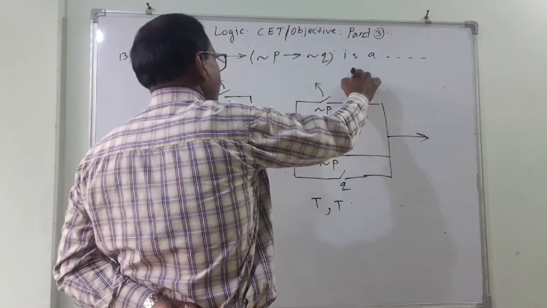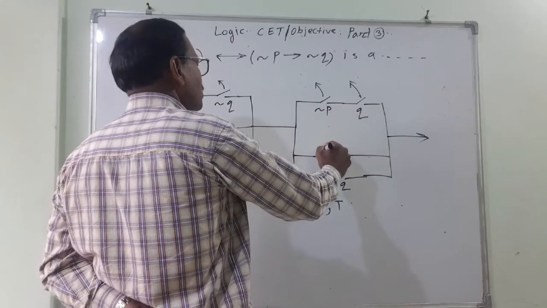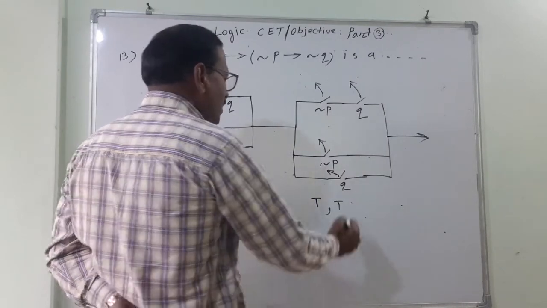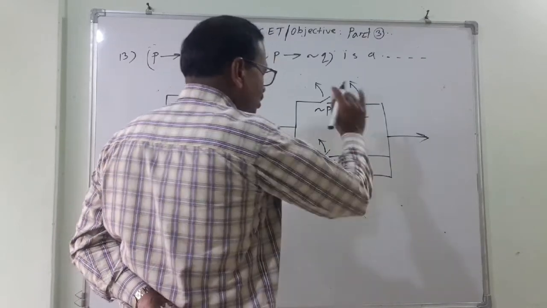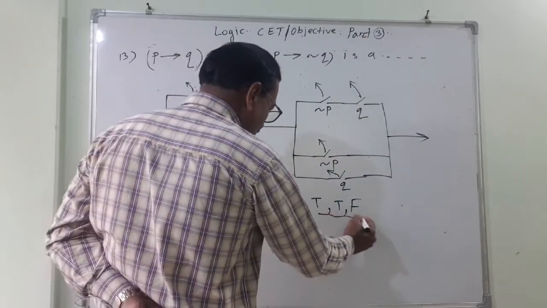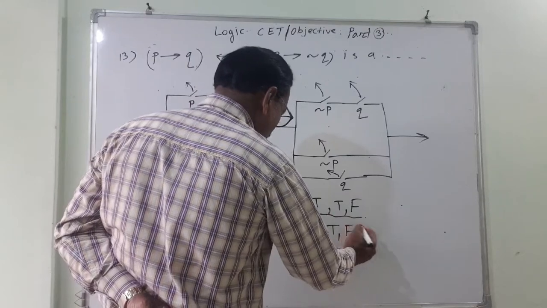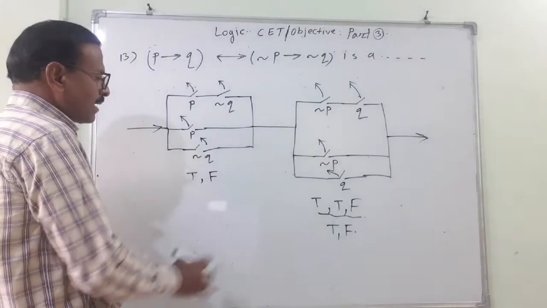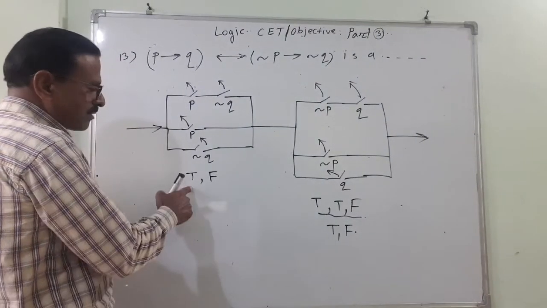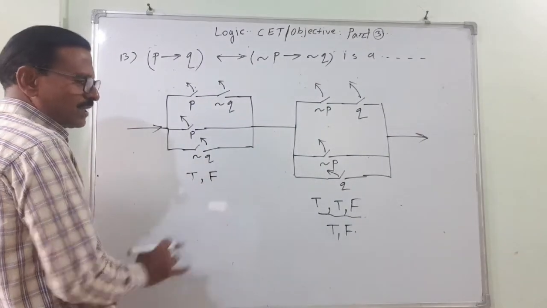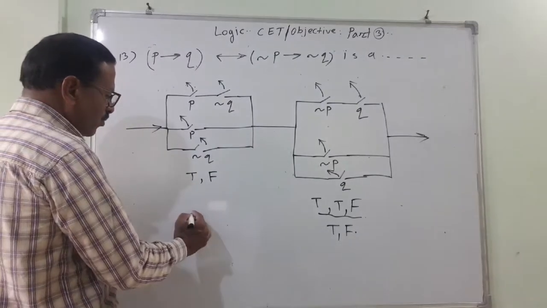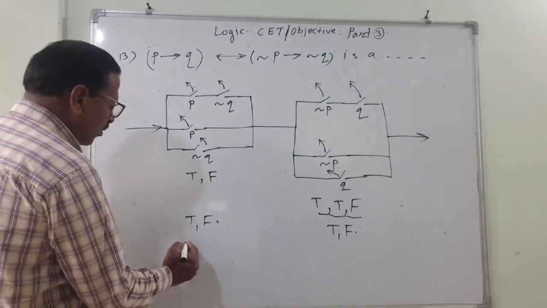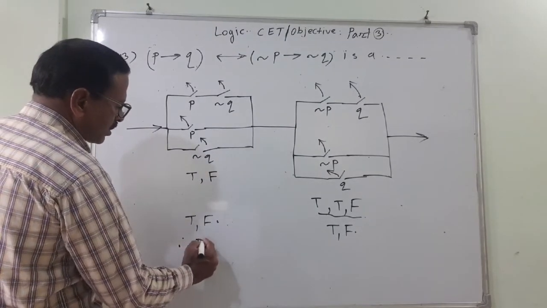If this is off, this is also off. Means I am getting one entry of false also. Means the result of this circuit is true, false. Both the things are there. That means if I construct a simple logical circuit, then I will get true and false results. So it is a contingency. Therefore it is a contingency.